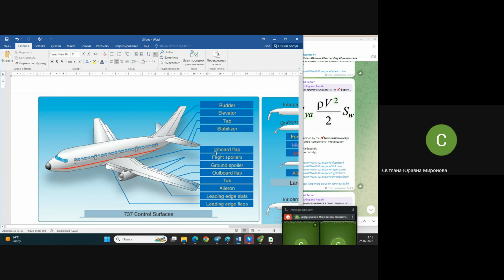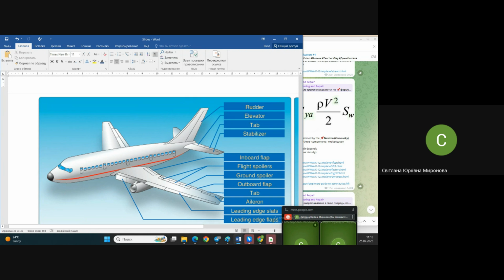Inboard flap consists of one section, and outboard flap, as they call it, consists of some sections already. Next, they have spoilers. That is shown in front of the outer flap. It's from here to there and must also consist of a couple of sections.